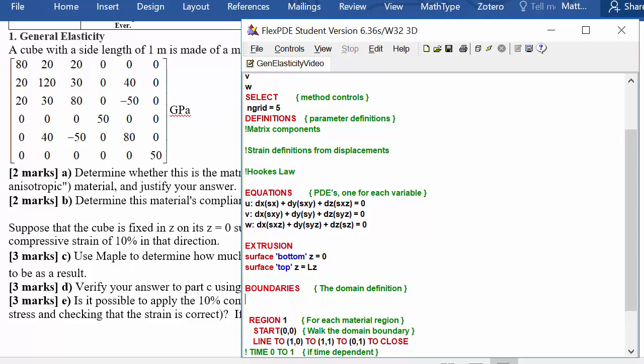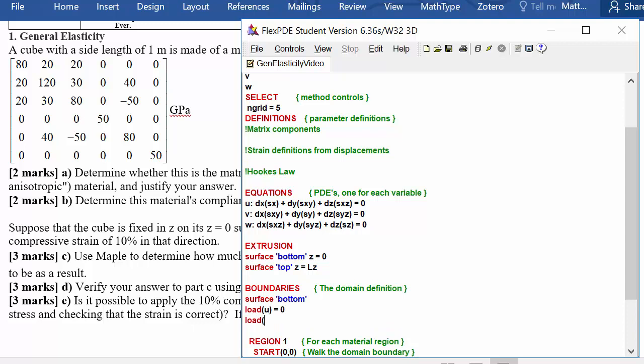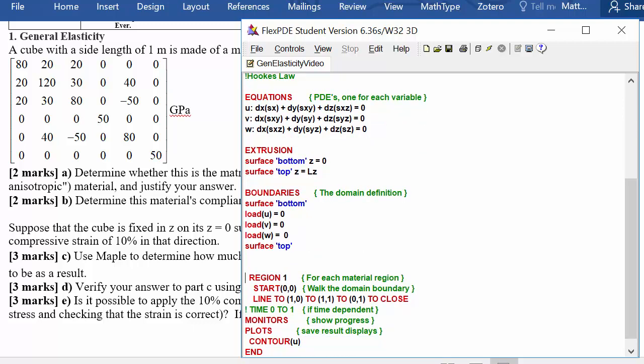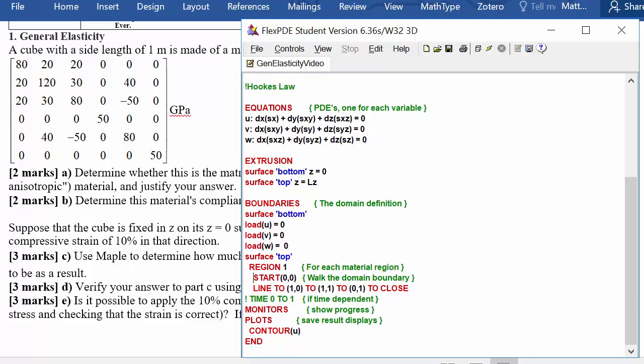And then we can recall these surfaces, surface bottom, and set up things like load u equals 0, load v is 0, load w is 0, and surface top, same thing. Then in the regions, we're going to start at 0, 0, and then we're going to take lines around.